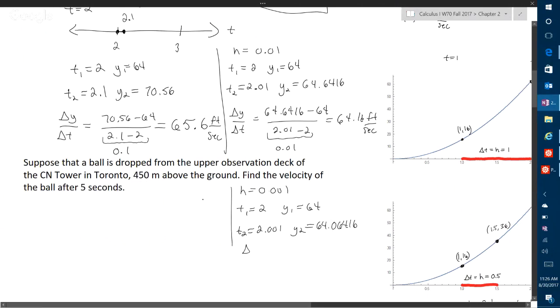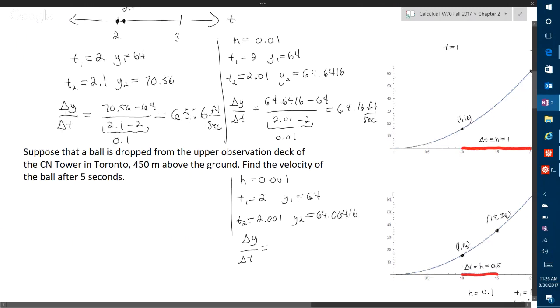All right, now it's the same game. You take the change in y divided by the change in t. 64.064016 minus 64, all divided by 2.001 minus 2. And this length is 0.001.